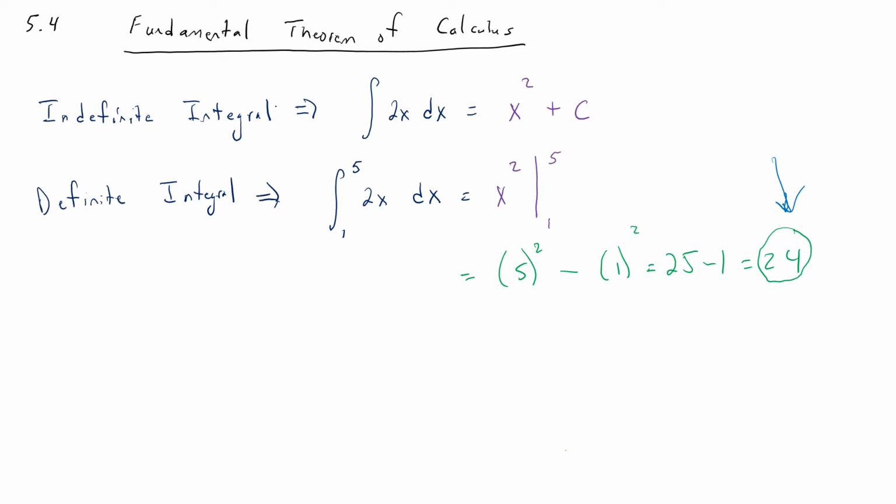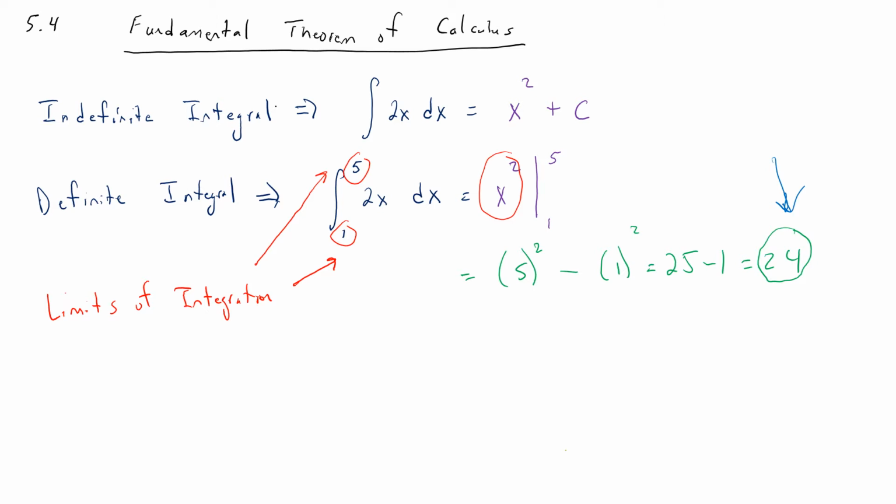Now, these numbers, the 1 and the 5, those are called the limits of integration. So let me write that down. Those are referred to as the limits of integration. And once we integrate, we evaluate the answer, x squared, using those numbers, 5 to 1.